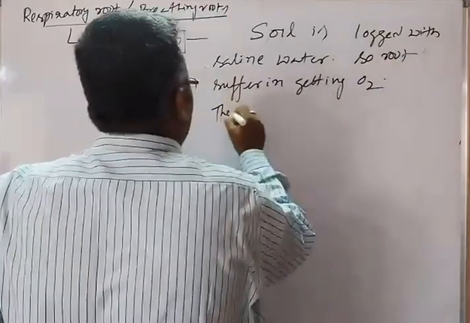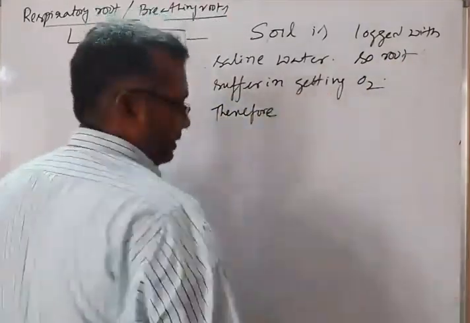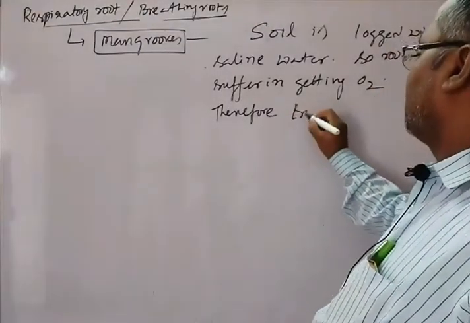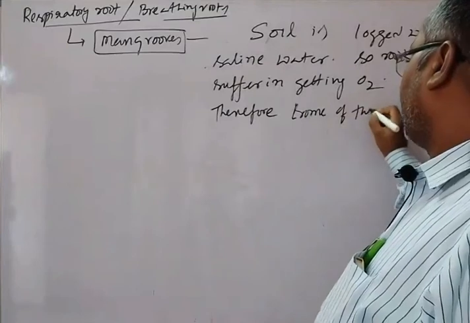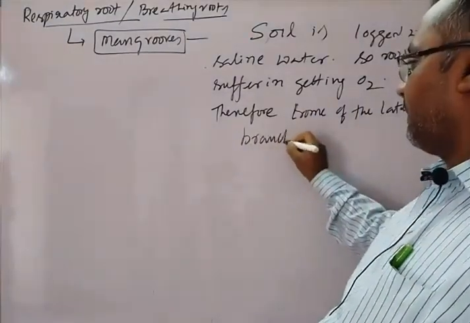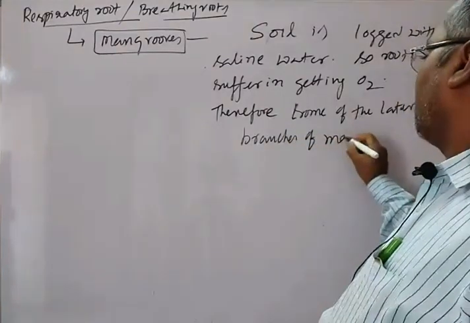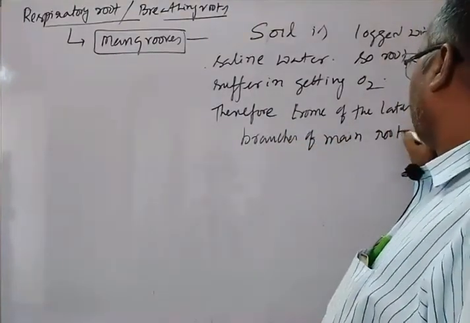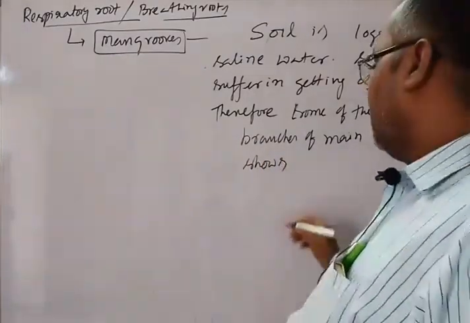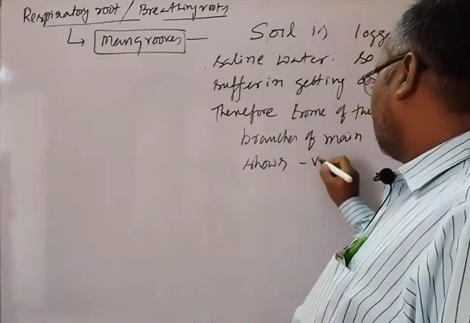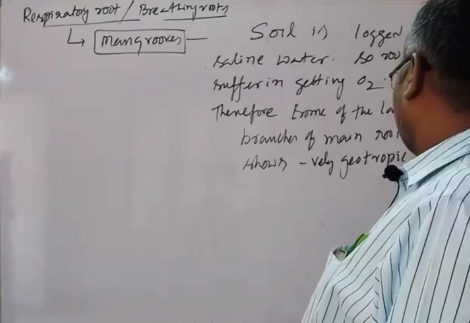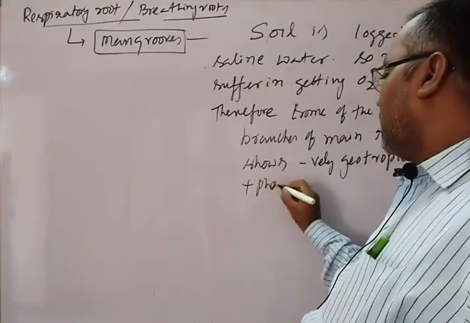Therefore, some of the lateral branches of the main root show negatively geotropic growth or positively phototropic growth.